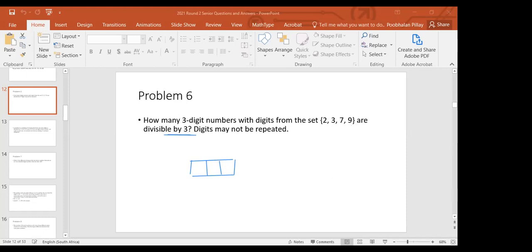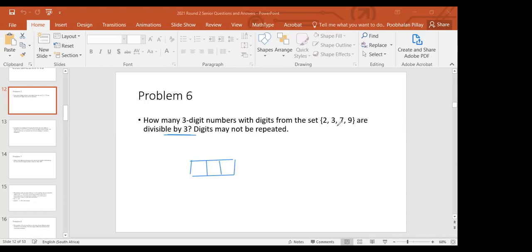And there's a rule for the divisibility by 3. I think all of you know that. You simply add the digits and divide by 3. So we need to see whether the sum of the digits is a multiple of 3 for it to be divisible by 3. So you need to have 3 numbers from here which add up to a multiple of 3. If you got 3 such numbers, then you've got a multiple of 3.